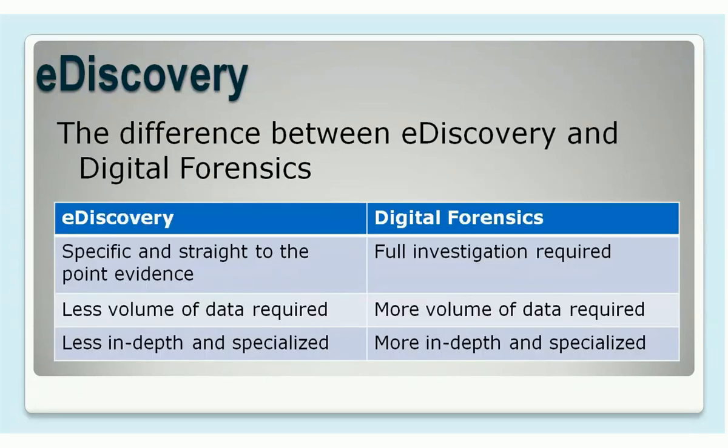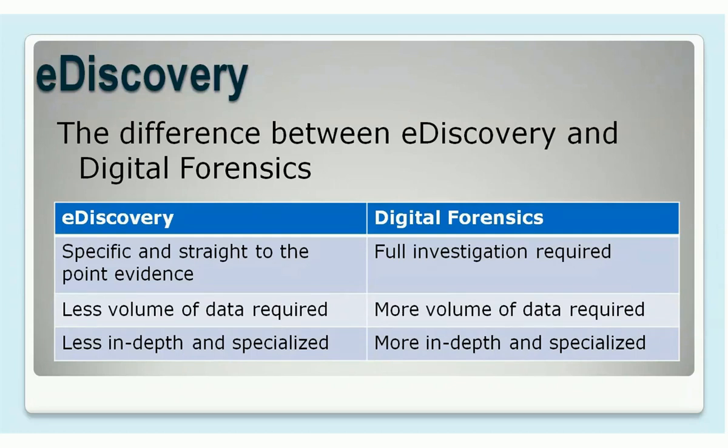That said, what is the difference between eDiscovery and digital forensics? Well, for eDiscovery, the evidence requested is essentially known, so to speak, evidence that is specific to a case that has been brought forth. So it's more straight to the point.